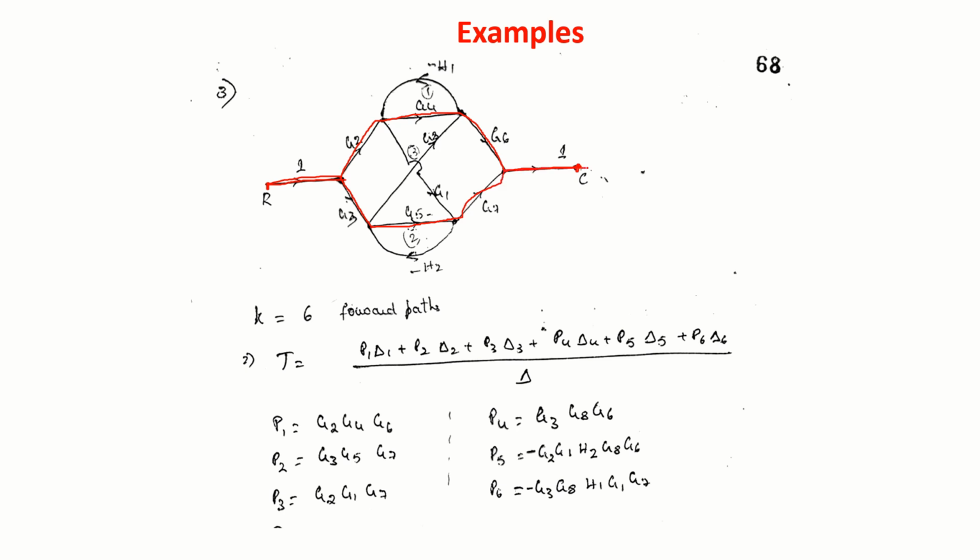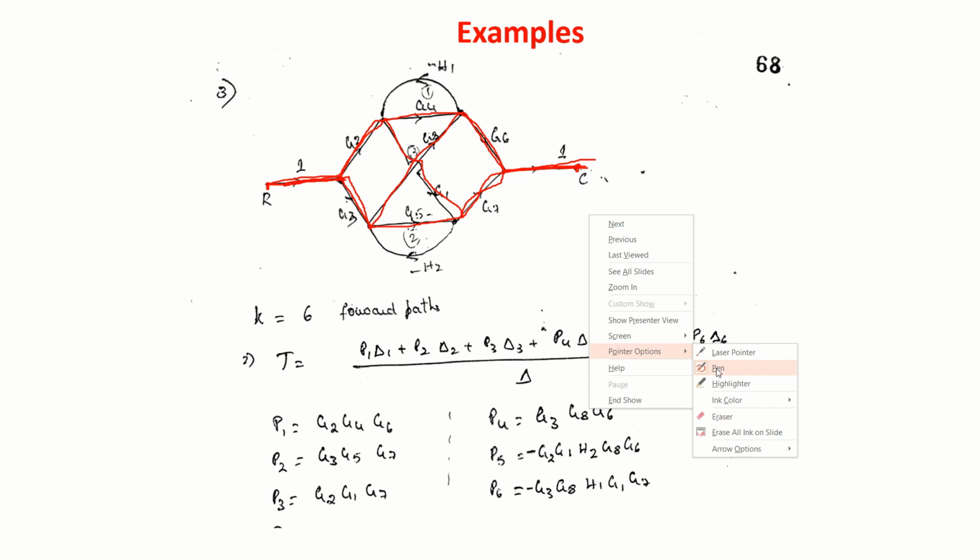This is the second forward path. Then start here. Go like this. Go like this. Go like this. Third forward path. Start here. Go like this. Go like this. This is the fourth forward path.